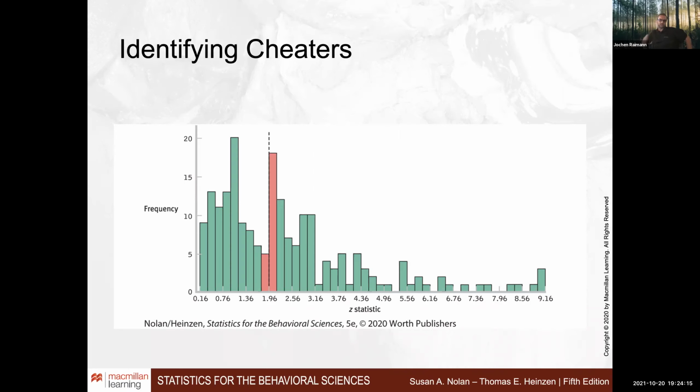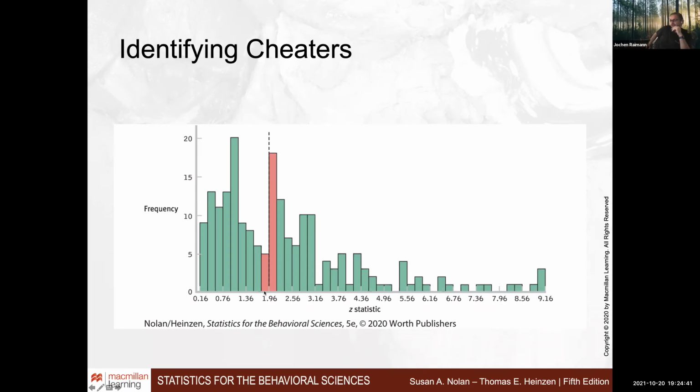And the null hypothesis, as you remember from last time, is that there's no difference. This p-value of 5% you will see at a z-score of 1.96, which is right here.